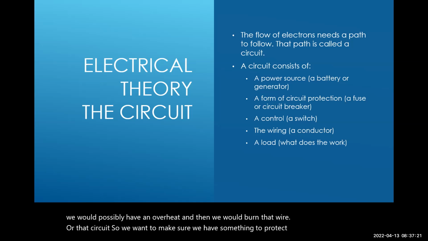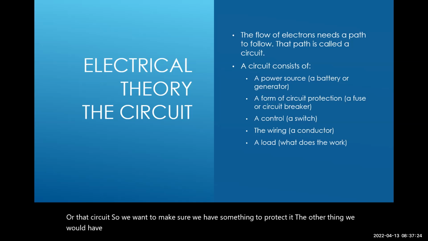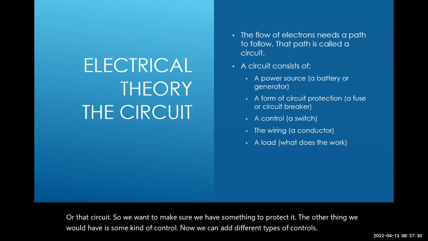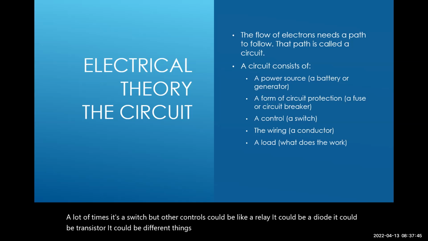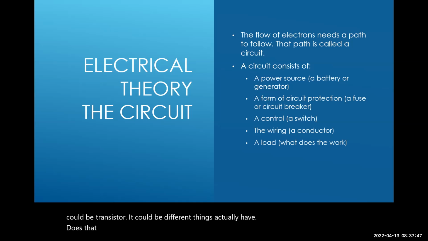The other thing we would have is some kind of control. We can have different types of controls. A lot of times it's a switch, but other controls could be a relay, a diode, or a transistor. It could be different things that cause that control in the circuit.